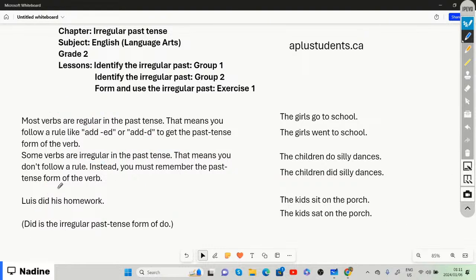All right, so now we're going to look at a few examples. These two are together, and these are together. One of the sentences is in the present tense, and the other one is irregular in the past tense.